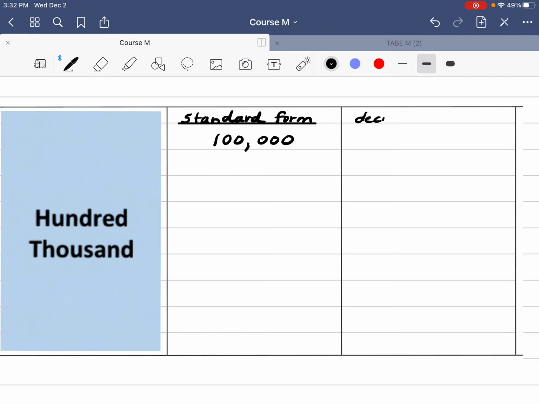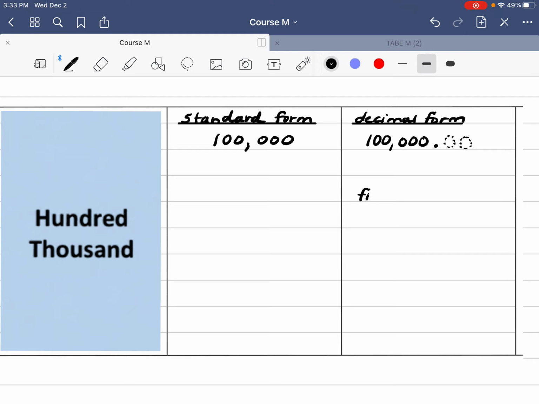So decimal form will look just like that one. Except you can add decimals after that one. I'm sorry, zeros. You can add 1 decimal and zeros. I'm getting tired, guys.